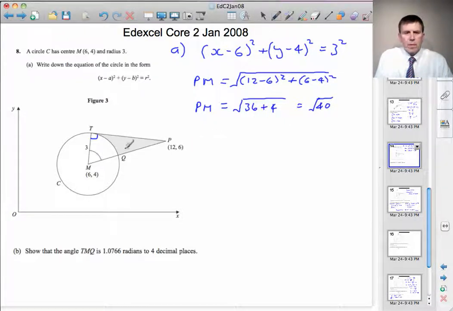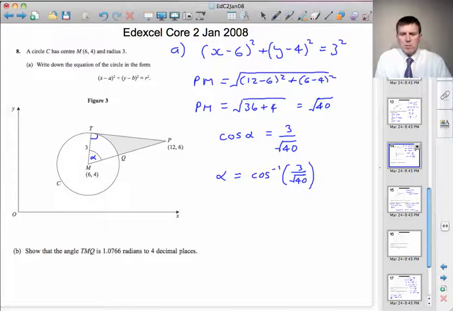So if I call this angle alpha that I'm trying to find, that's the adjacent side, the 3, and PM is the hypotenuse, so we can simply say that cos alpha is adjacent divided by hypotenuse, 3 over root 40. So this angle alpha is cos⁻¹ of 3 over root 40.